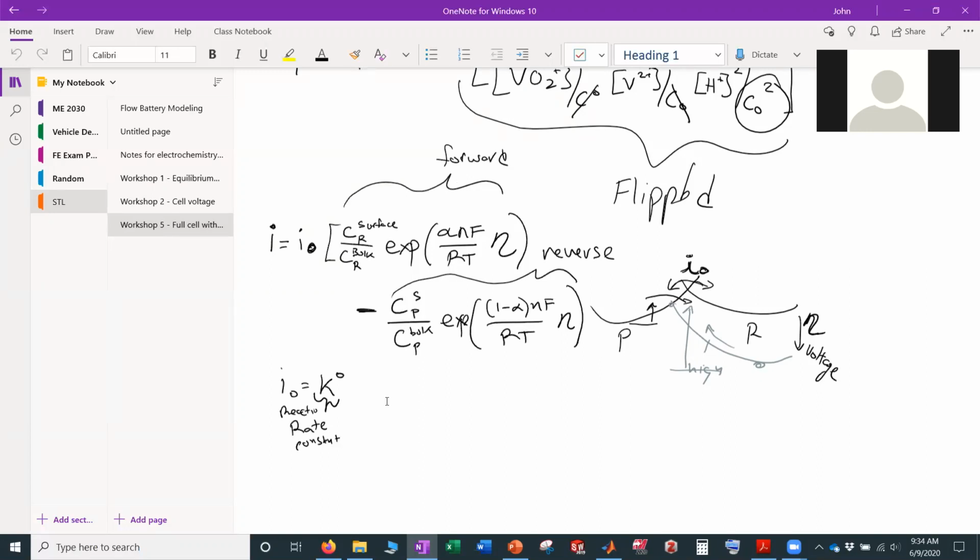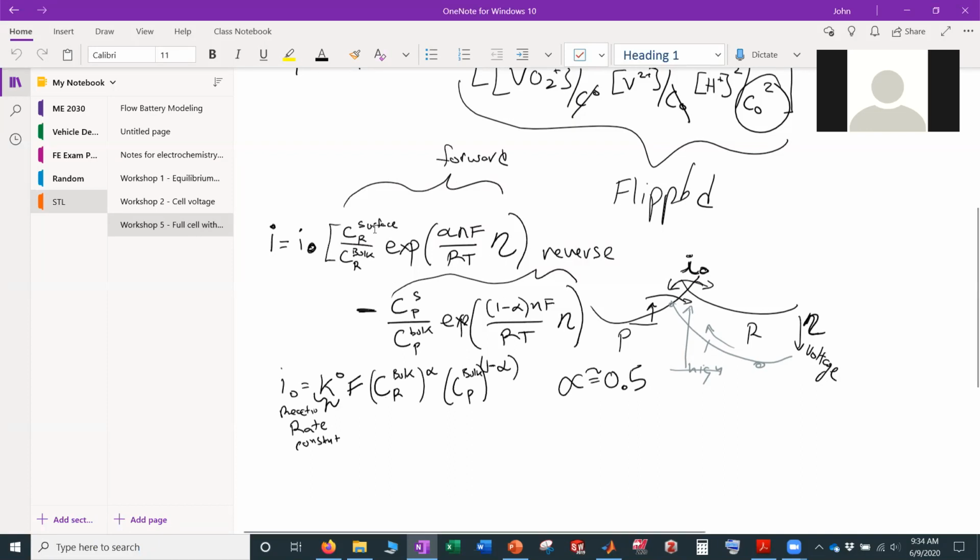And so this is going to be k naught times Faraday's constant times the concentration of your reactant in bulk to the power of alpha times the concentration of your product in bulk to the power of 1 minus alpha. Typically, to start, alphas are around 0.5. So typically, we'll just say 1 minus alpha and alpha are 0.5.